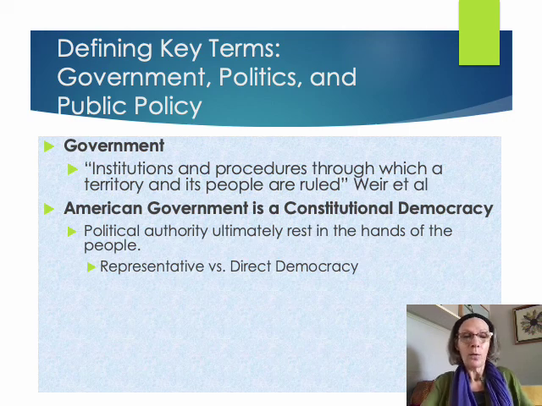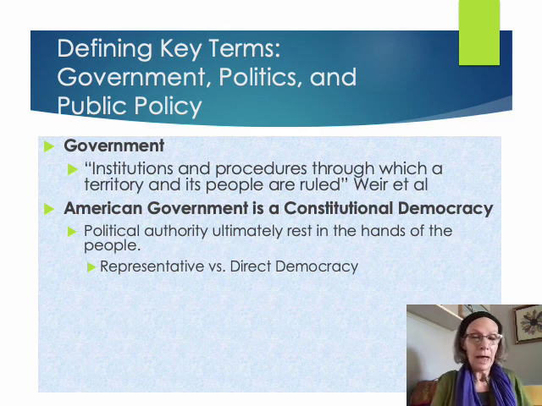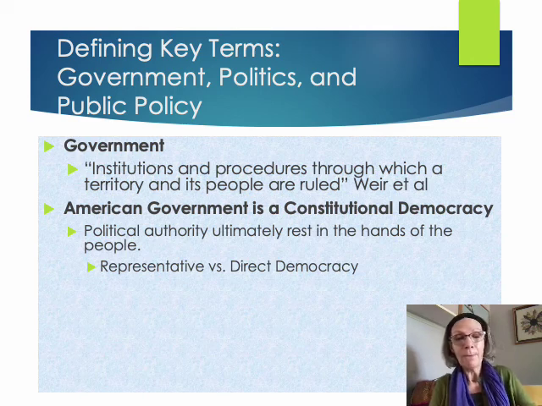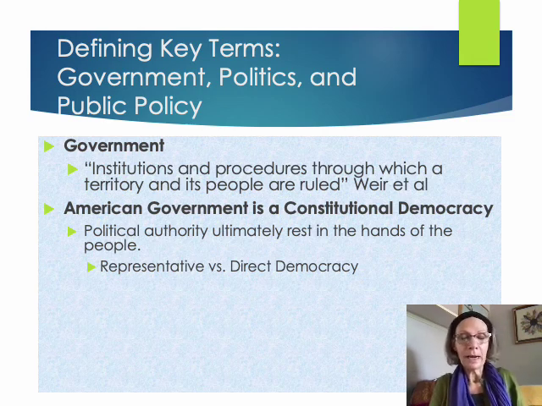The people have the right to vote, they elect representatives, and those representatives make most of the decisions about what kind of public policy we are going to have. And if we don't like the job they're doing, in theory, we can say we don't want you anymore and elect somebody else. I say in theory because it's really easy to get reelected in the United States. But the political authority ultimately rests in the hands of the people.